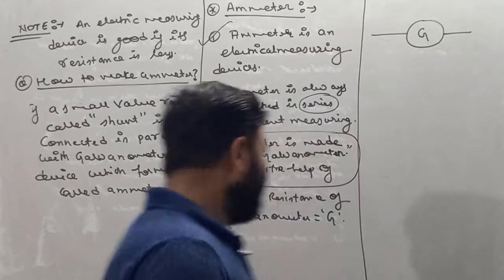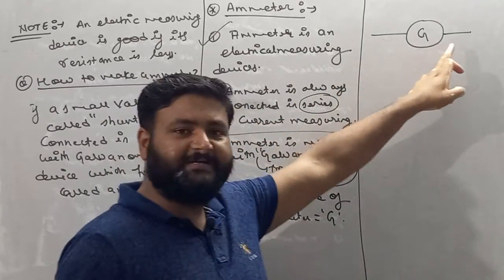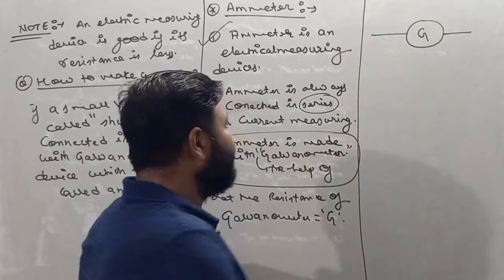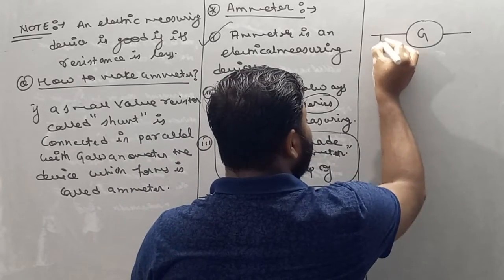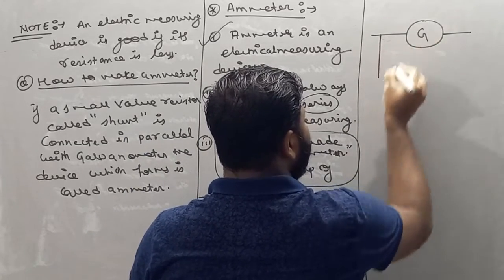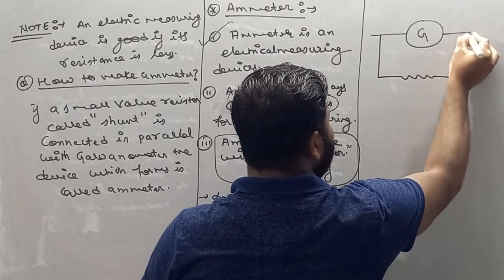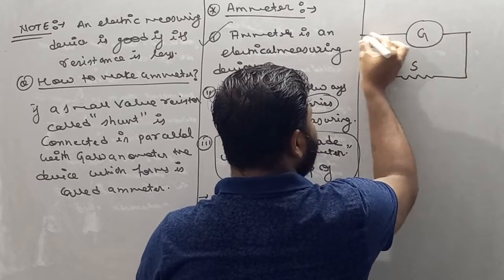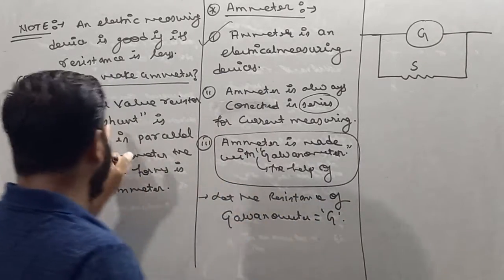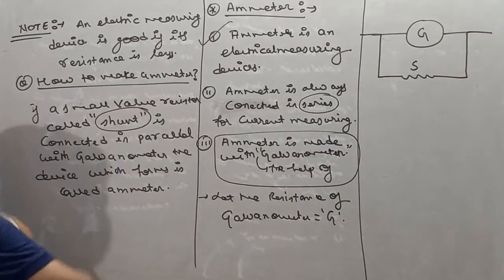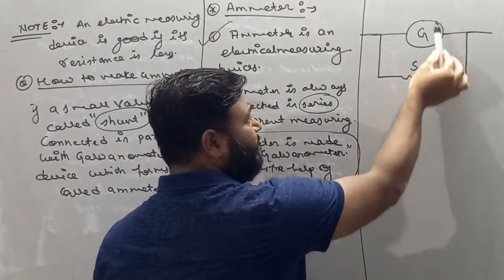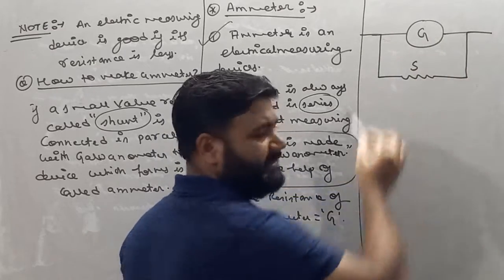So with this galvanometer, whose resistance is G, I am connecting one more resistor of small resistance, called a shunt, in parallel.